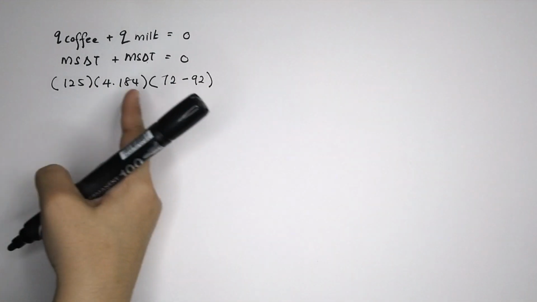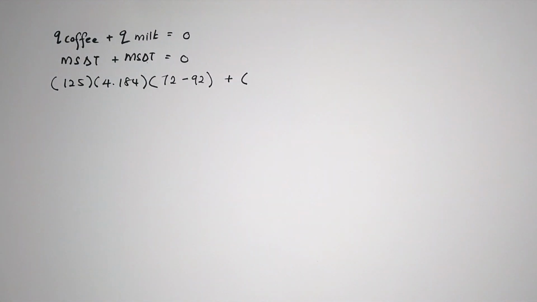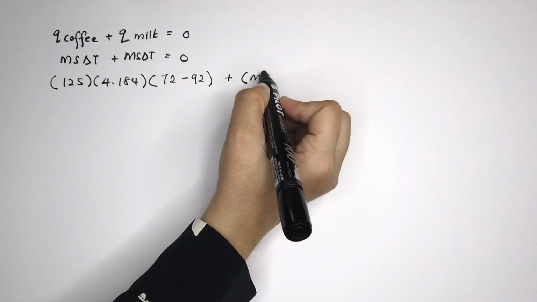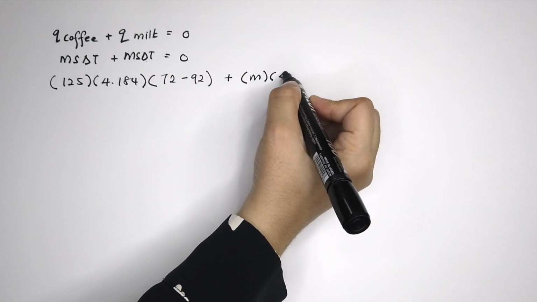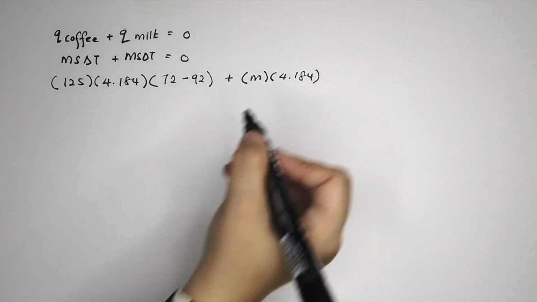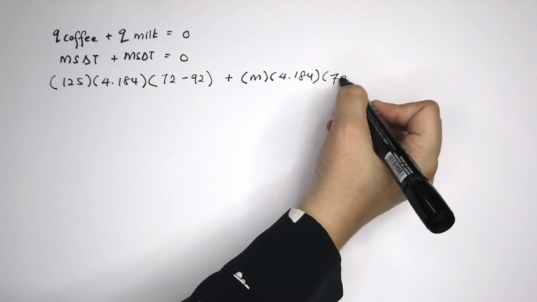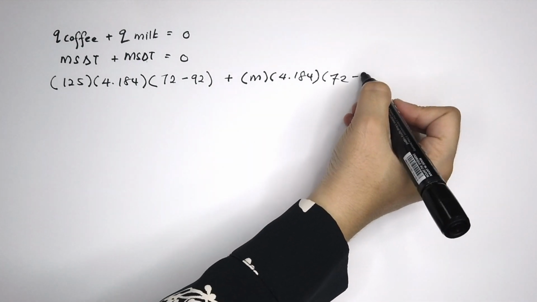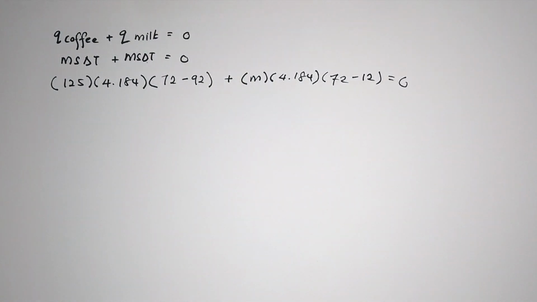So this is ms delta T plus the ms delta T for the milk. The mass of milk is the thing that you want to calculate. The s is the same, 4.184, just like stated in the question, and delta T is equivalent to 72 minus the initial temperature of 12. Therefore, this is equivalent to 0.